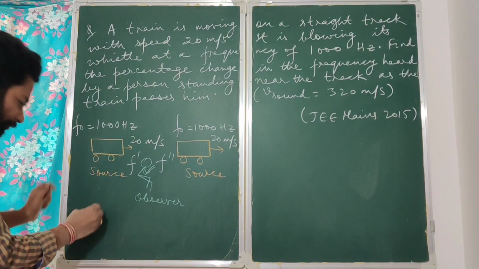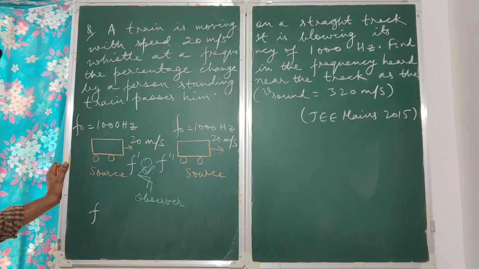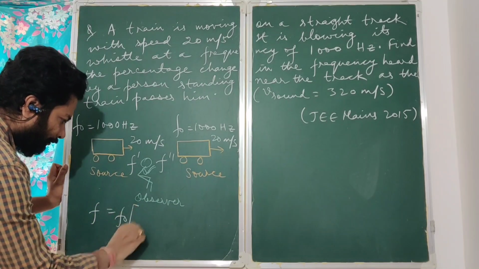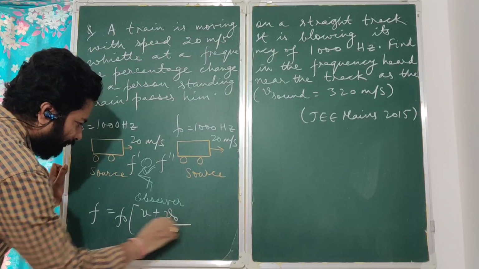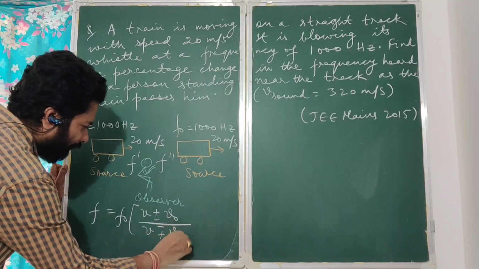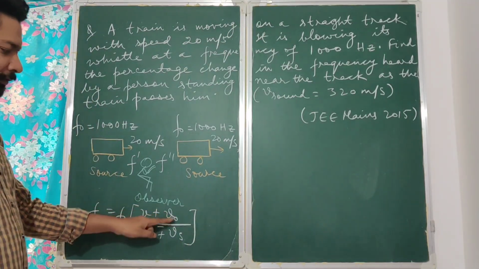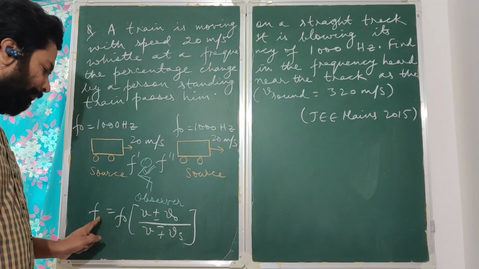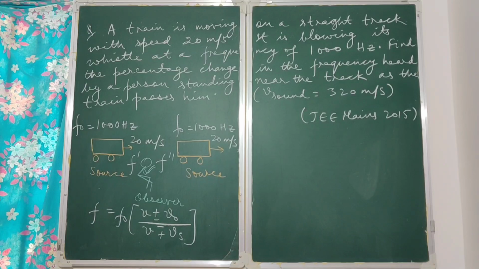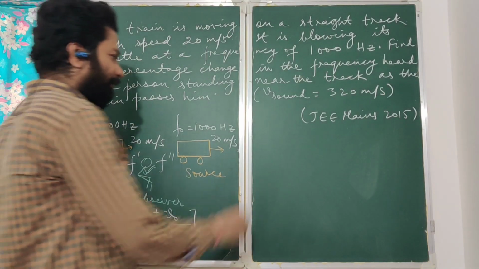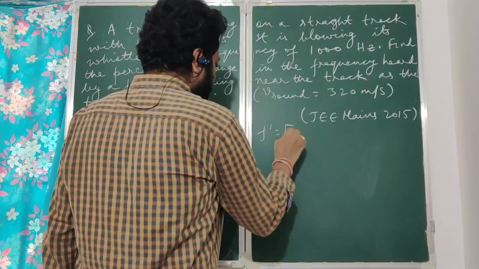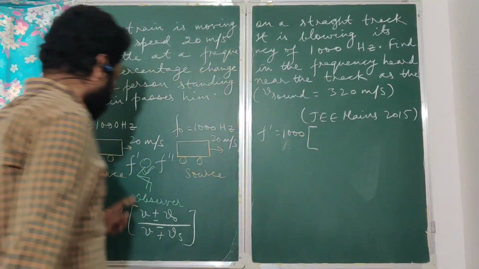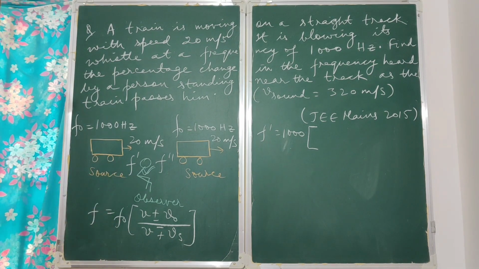So we will make use of the formula. What is the formula? F is equal to F naught into V plus minus V naught by V minus plus Vs. Velocity of observer, velocity of source, velocity of sound, original frequency of sound, apparent frequency of sound. So now let us first calculate F dash. It will be equal to 1000 original frequency.